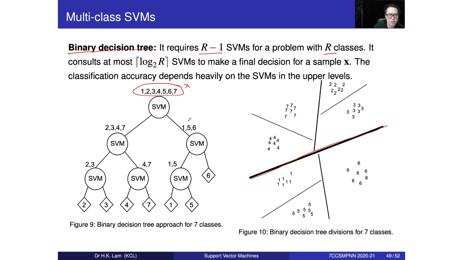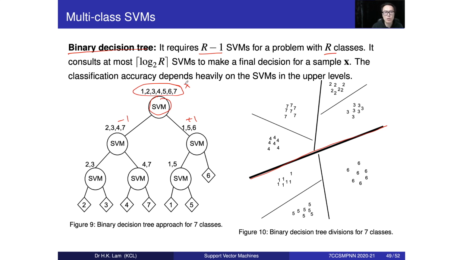For example, this is +1. This is -1. So that means we just separate the dataset into 2 cases from the main classifier SVM right here. So for all 1, 5, 6, we assign the label +1, and then the rest to be -1.